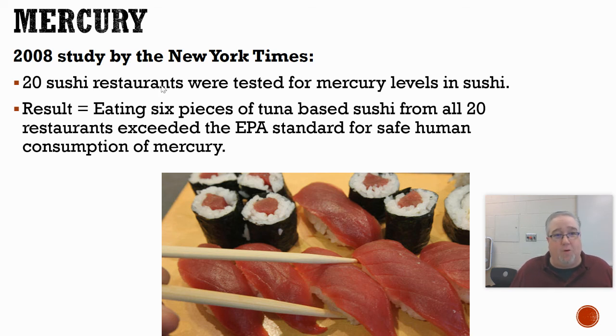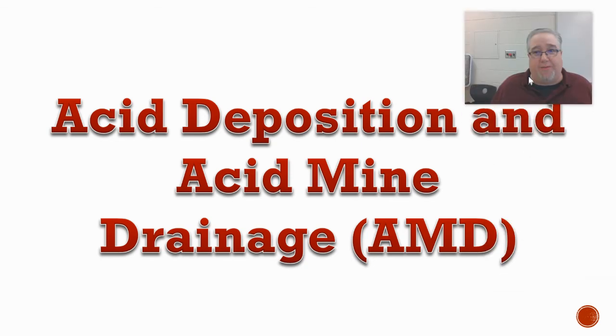And what they found out was that eating six pieces of tuna-based sushi from all 20 restaurants actually exceeded the EPA standard for safe human consumption of mercury. So that was an interesting study, and it really put the spotlight on tuna being eaten by humans that contains mercury, and it could be problematic. It could be poisonous.